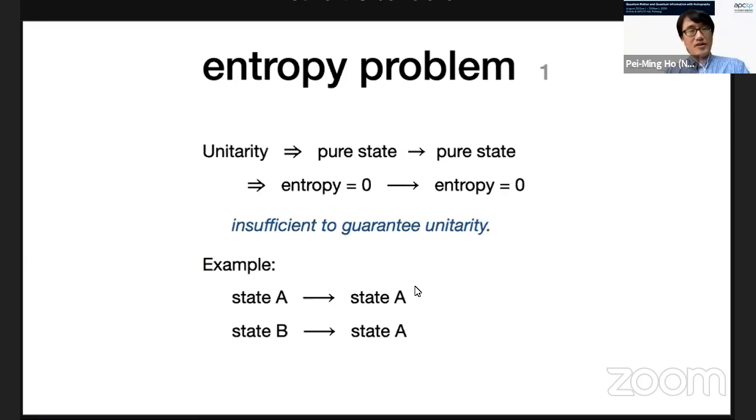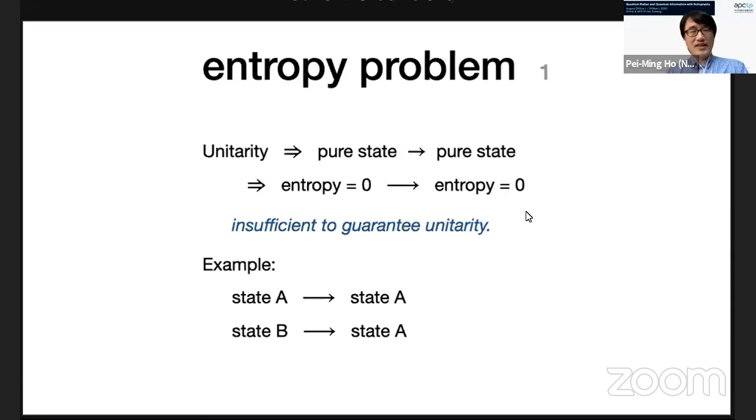Well, usually what people say is that if you have unitarity in the process of black hole formation and evaporation, then if you start with a pure state, after gravitational collapse and radiation, in the end, you should also get back to a pure state. So the entropy of the initial state is 0, and the entropy of the final state is also 0.